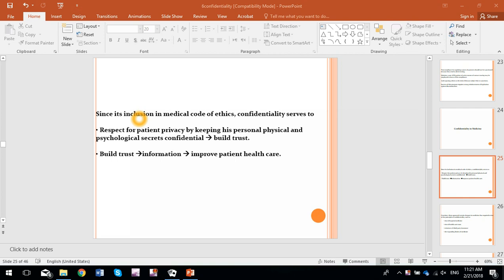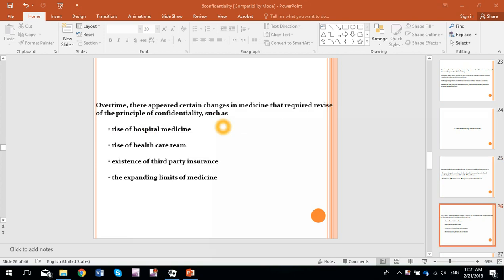And by keeping this, we are building trust between the physician and the patient. And building trust means more information, or more secretive information, coming out from the patient. And in this, the ultimate result is improvement in the patient's health care.